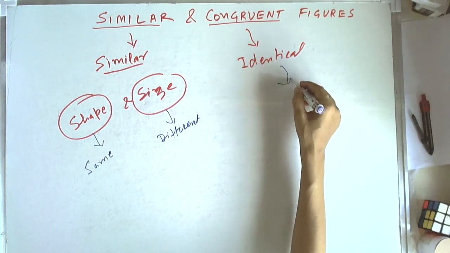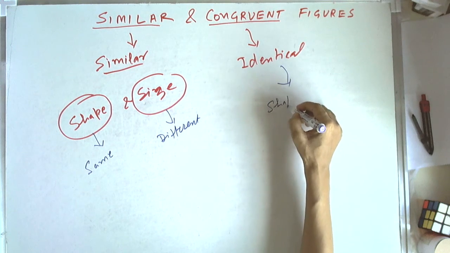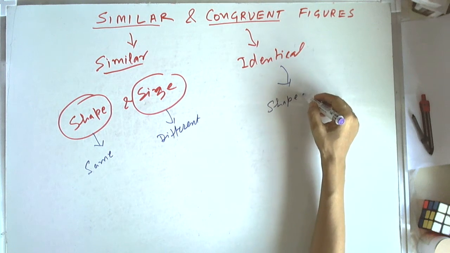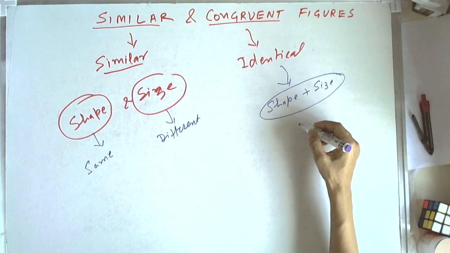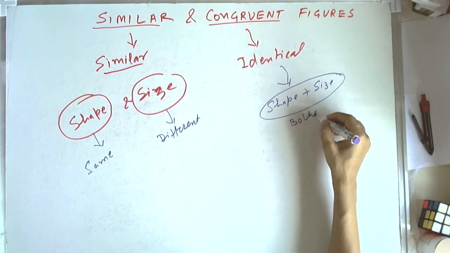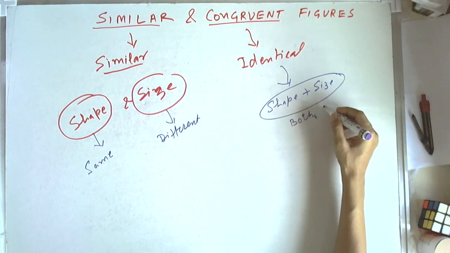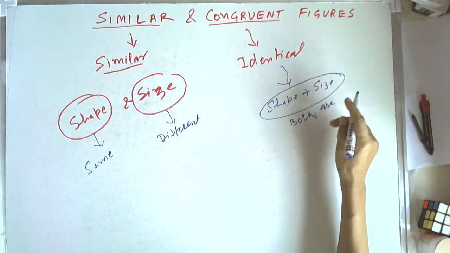In case of identical, shape as well as size, both are same, both are equal.